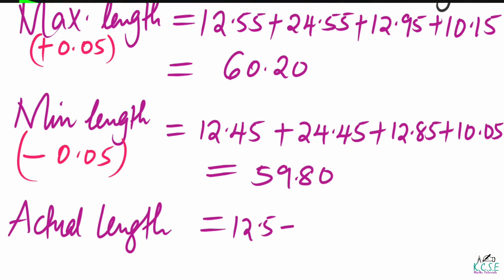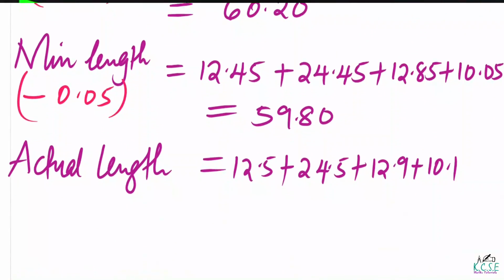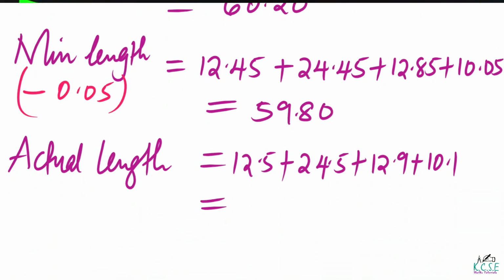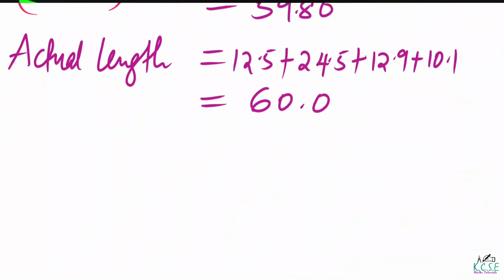So this is 12.5 plus 24.5 plus 12.9, then plus 10.1, just for confirmation. When you get the sum of all these, you get 60.0. Now, having these three, we can obtain the percentage error.